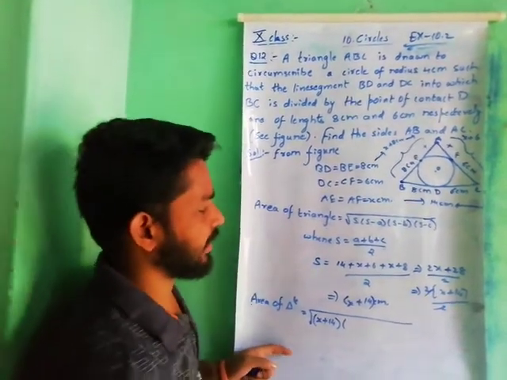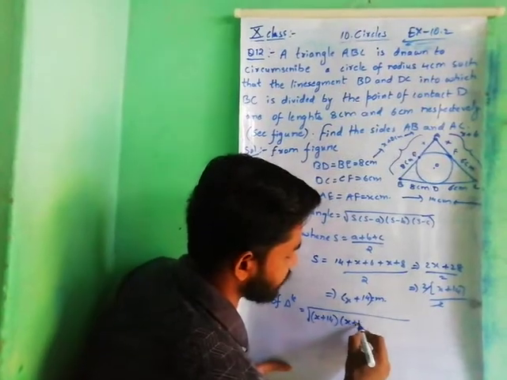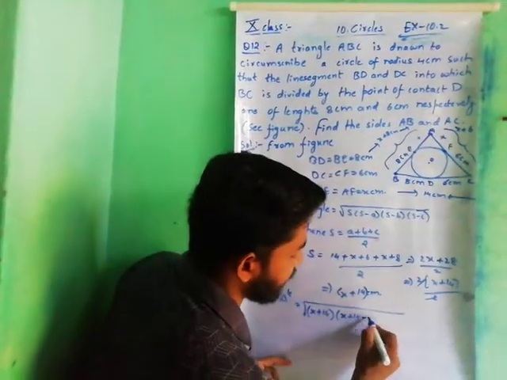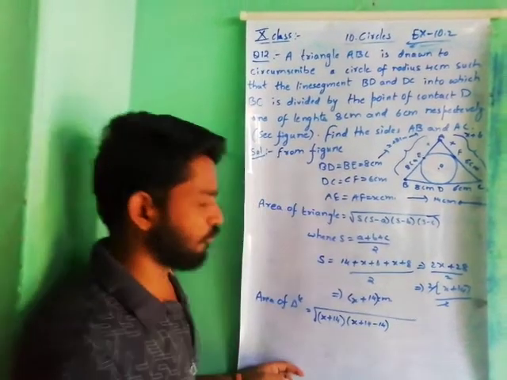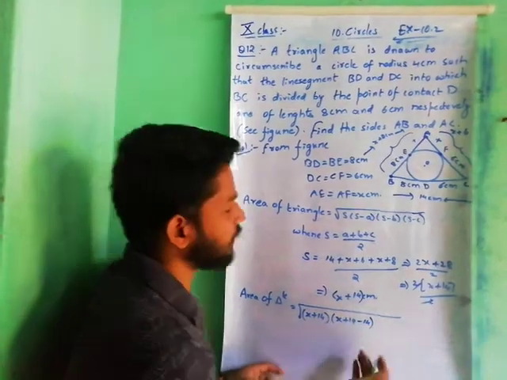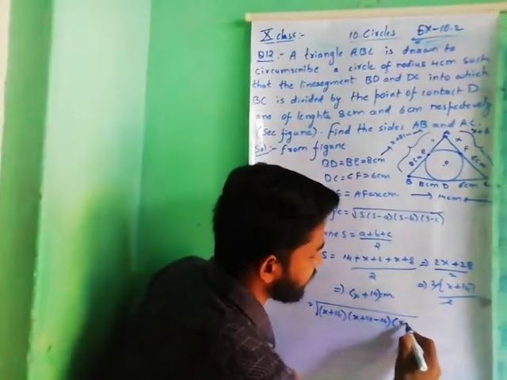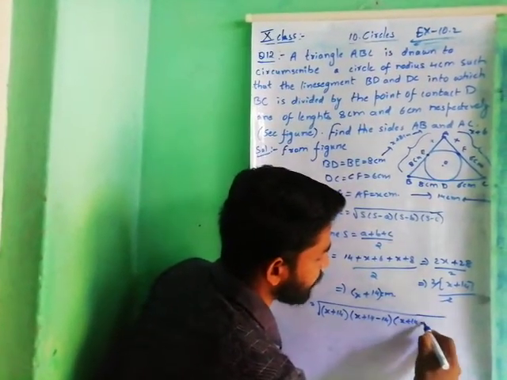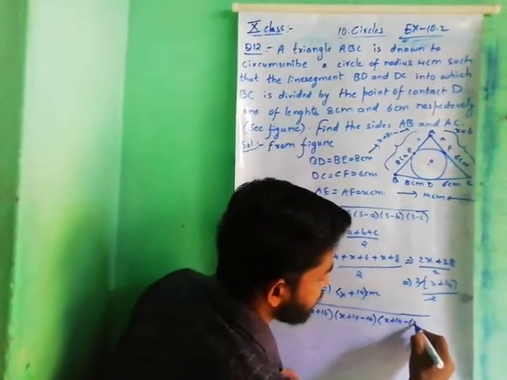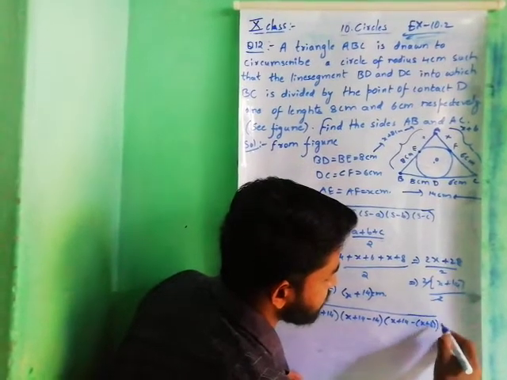s minus a. s value x plus 14 minus a value. Minus a value how much? 14. This is s minus a. Understand? s minus b. x plus 14 minus b value, how much? x plus 6. Minus of x plus 6.